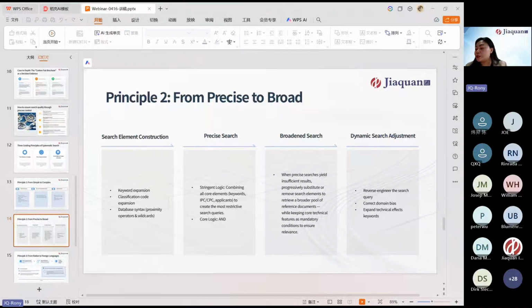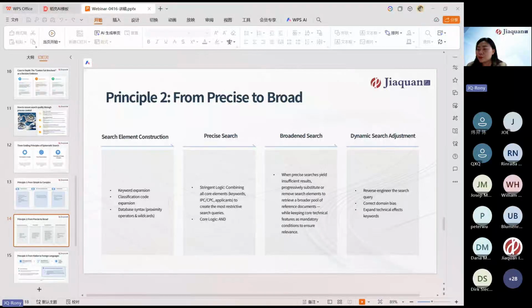Since our search principle is from precise to broad, we must first construct the most precise search formula. After building our keywords and classification numbers into search elements, we should use the very strict search condition, which is the AND logical operator, to combine all our search elements together and obtain the most promising data.